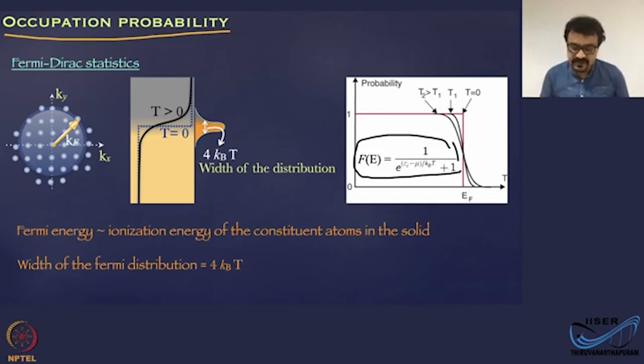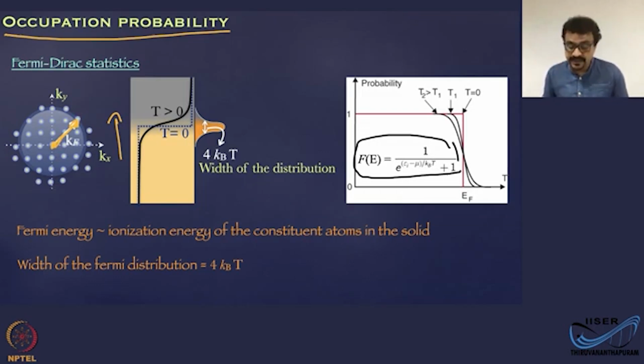For example, here this is the energy axis. Energy increases as you go from the center of the Fermi sphere outwards. In this direction, energy will increase.